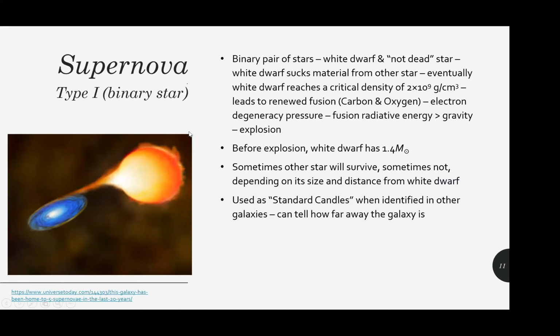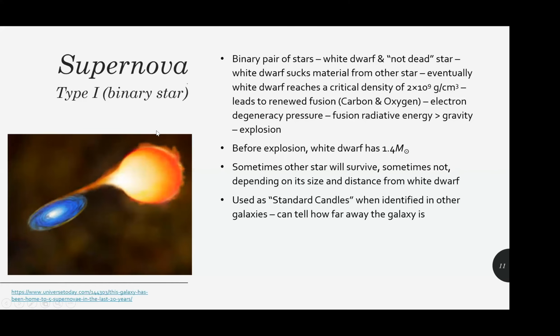That, and similar to the other type of supernova, the fusion radiative energy overcomes the gravity exerted by the mass of the star. So that leads to the explosion. Sometimes the companion star will survive, sometimes not, depending on how big it is and how far away it is from the white dwarf.